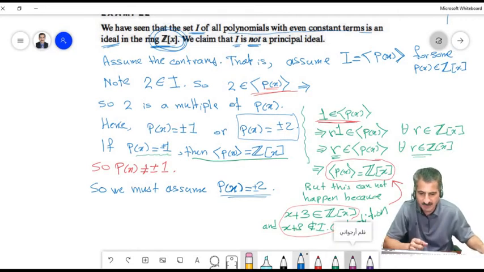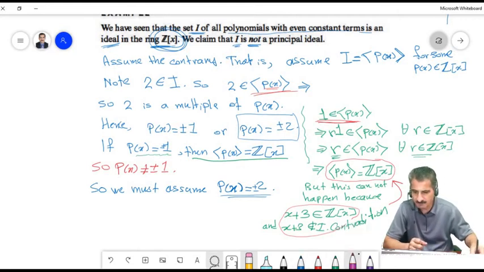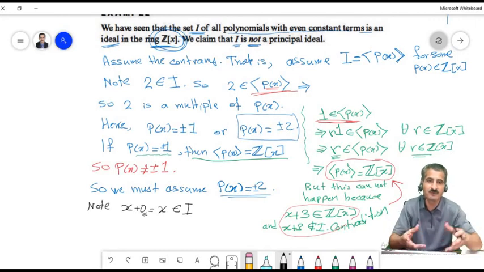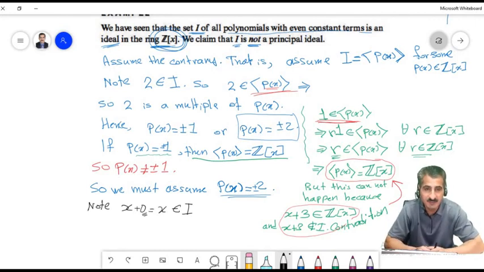Note here x, which is x plus 0, equal to x, must belong to I, because the constant term is 0, which is even. And we said I is the set of all polynomials that have even constant term.